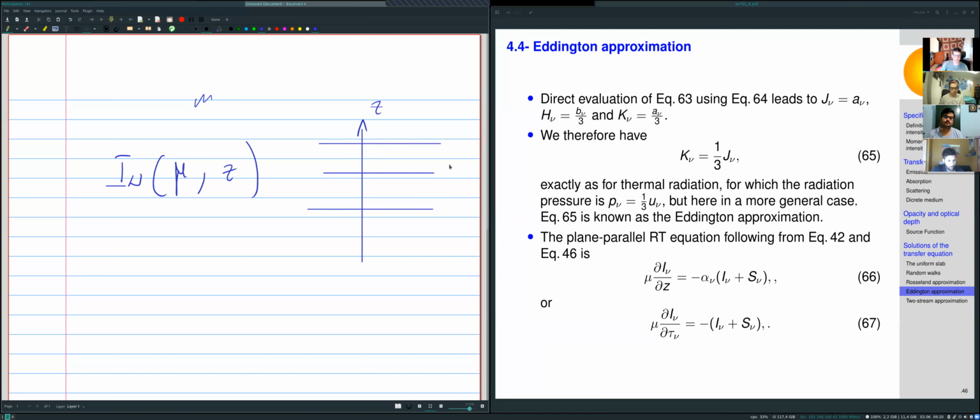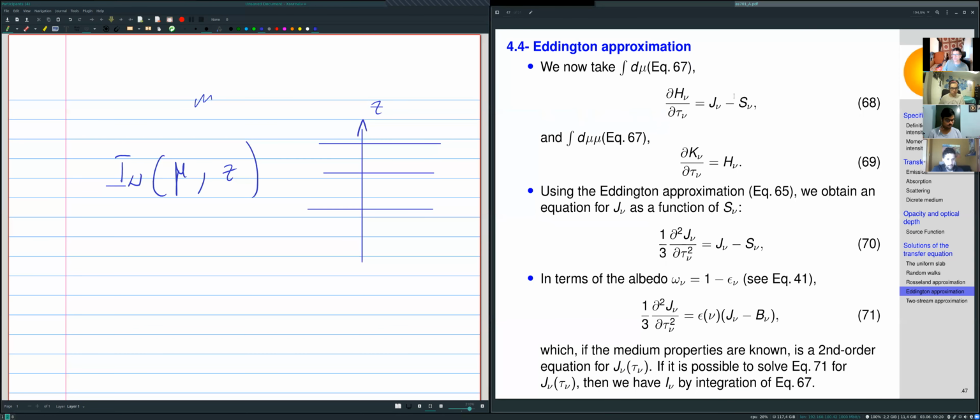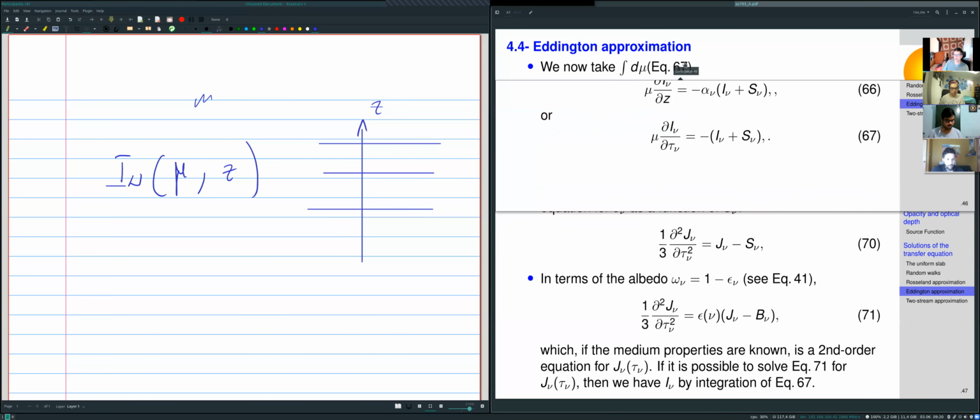So these are planes with constant physical quantities. I mean, the symmetry in x and y is what I mean. Okay, so when we take moments of this radiative transfer equation, I take moments on equation 67 here.